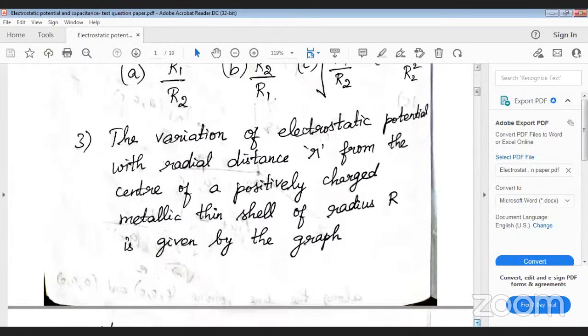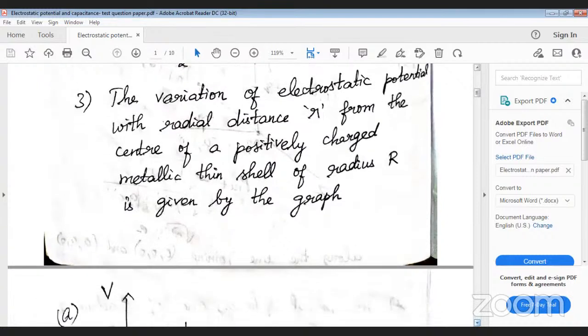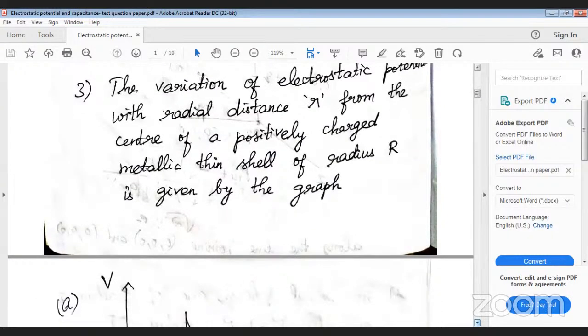Here you see the variation of electrostatic potential with radial distance r from the center of a positively charged metallic thin shell of radius R is given by the graph. They are asking us to find out the option which shows the correct variation of the electrostatic potential with radial distance r from the center of a positively charged metallic thin shell.